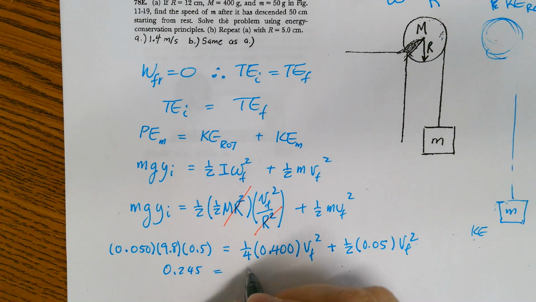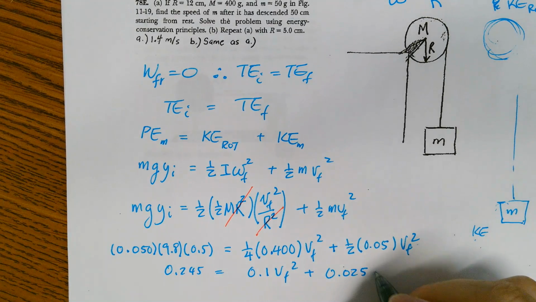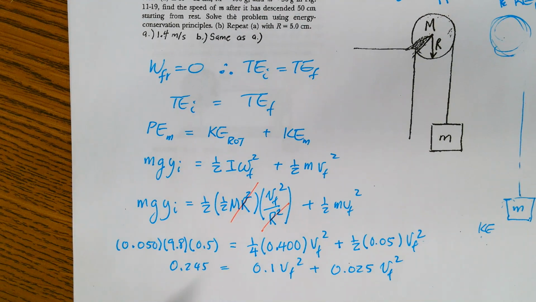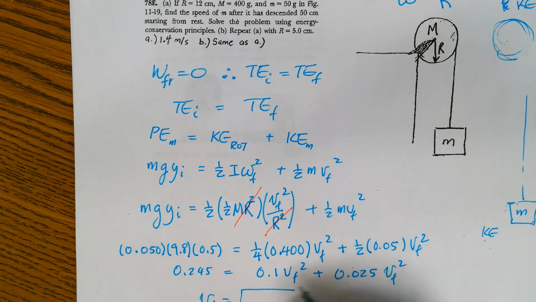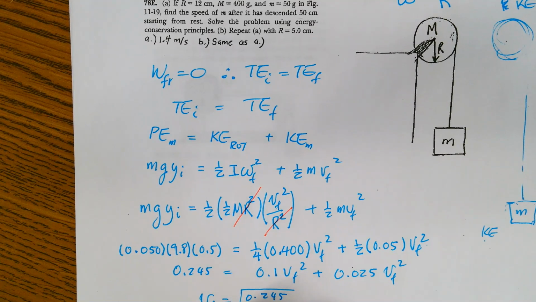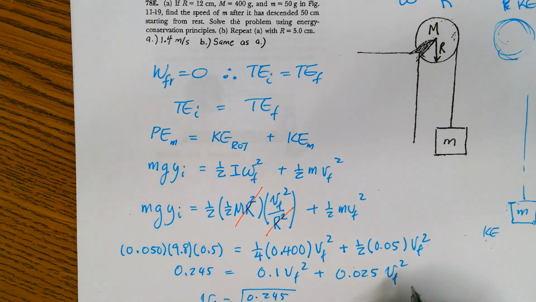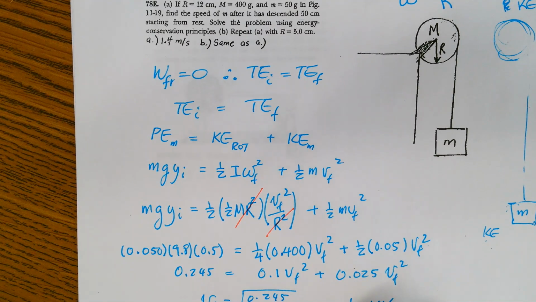This looks like 0.1 VF squared, and this looks like 0.025 VF squared. So add them up, divide both sides by 0.125. So my VF, and then take square root, is equal to square root of 0.245 over 0.125. So you should get something like 1.4 meters per second.